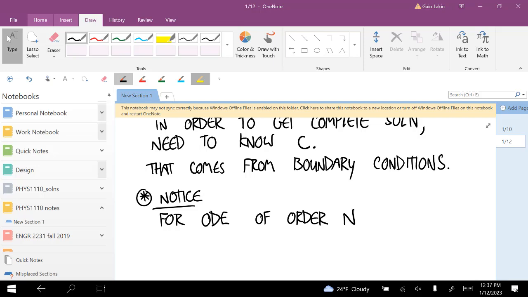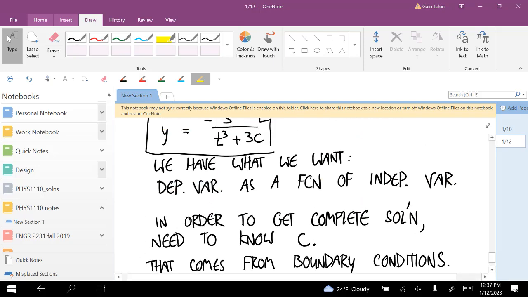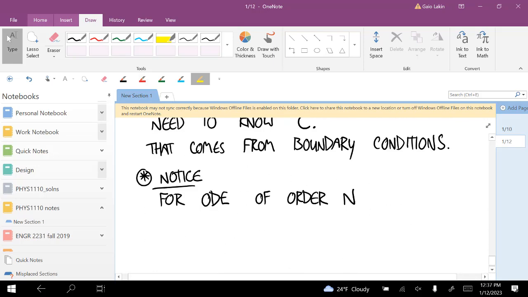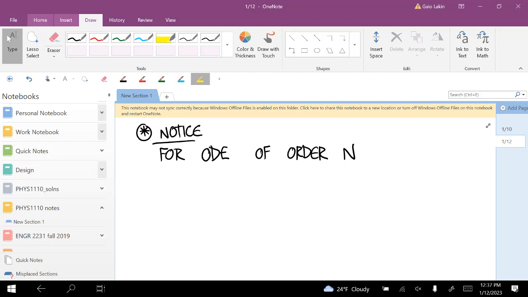If n is 2, the highest derivative is a second derivative. What was n for this example? 1, yep. So for an ordinary differential equation of order n, you need n boundary conditions.